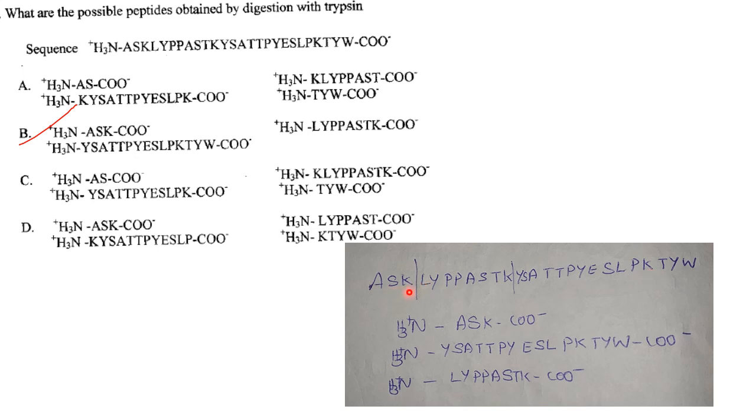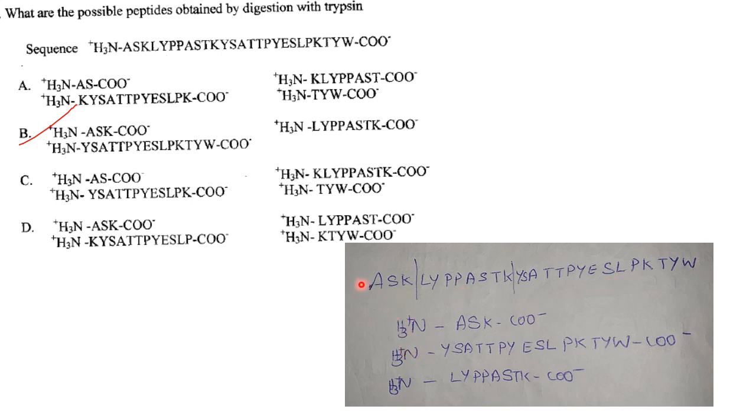So here ASK, it will cut at the carboxyl side of K because K is lysine. Then you again go forward, you will find another K, that is lysine. So again it will cut. Then here there are no K or R present, so it will not cut. So you will get 3 fragments.